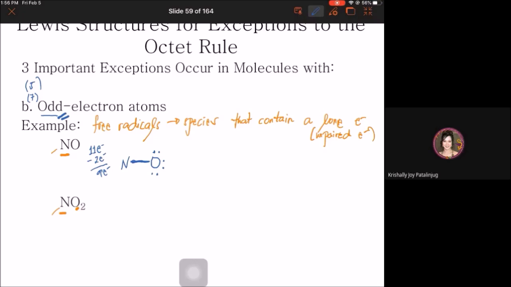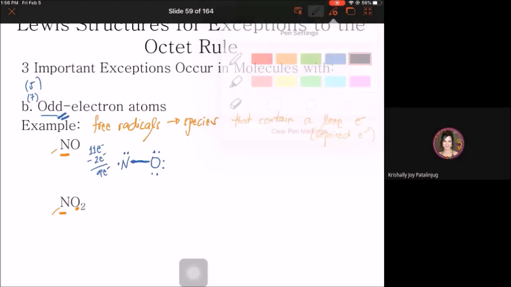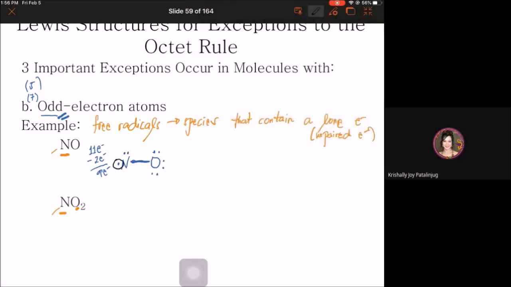So, na-distribute na natin ang 6. From 9, minus 6 na na-distribute, so may 3 remaining. Ayan. So, pag-distribute ng tatlong remaining, meron kang unpaired electron.